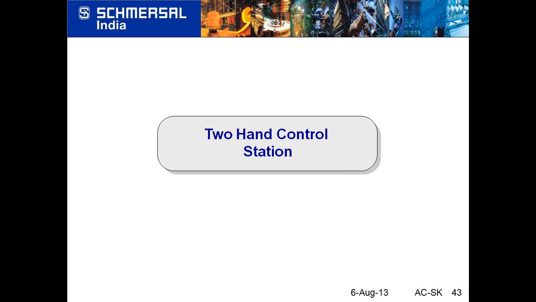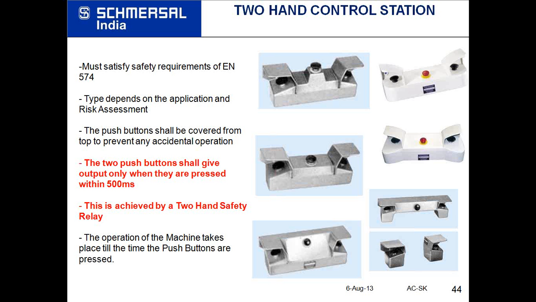Another device which is not properly used in the industry is the two-hand control device. These two-hand control devices are used mainly for press applications, but they are very commonly used for setup or maintenance operations also. The basic requirement, which you can see in red, is that the two push buttons shall give output only when they are pressed within 500 milliseconds.